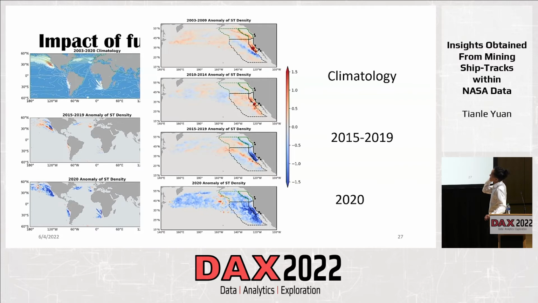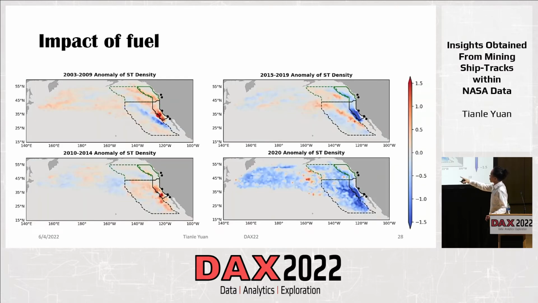This is looking at anomalies, because once we have the 20 years of data, we can start to look at anomalies and see what's going on. One of the things is the impact of fuels. Because we want to clean up the ships, we introduce different fuel standards in different periods.